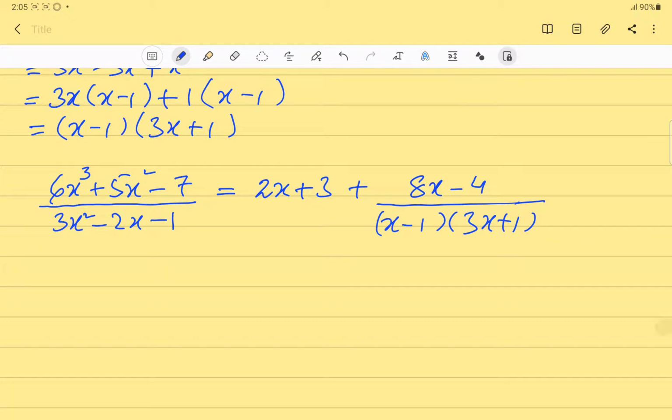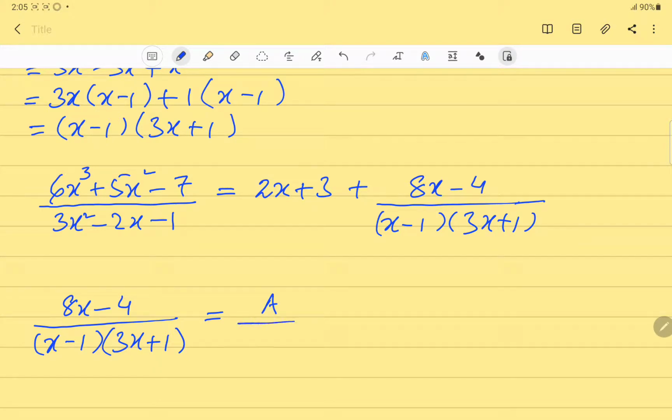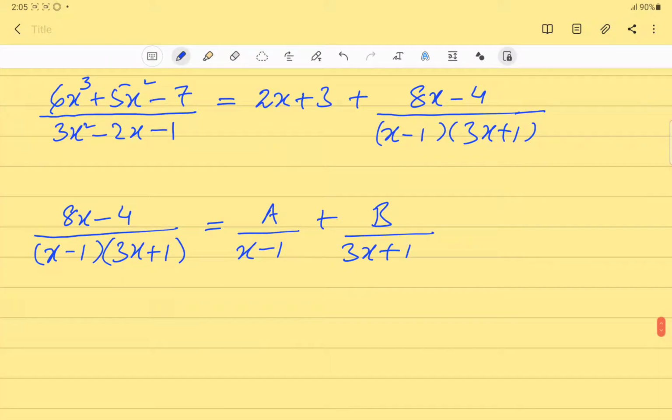So let us write it separately. So 8x minus 4 over x minus 1 into 3x plus 1. Now since we have linear factors in the denominator, we will simply be introducing only constants in the numerator and writing the partial fractions. So it will be a over x minus 1 plus b over 3x plus 1. Now we will multiply both sides by x minus 1 into 3x plus 1.